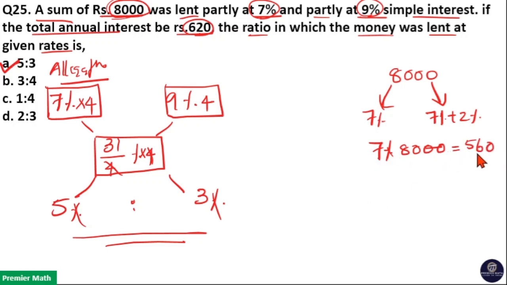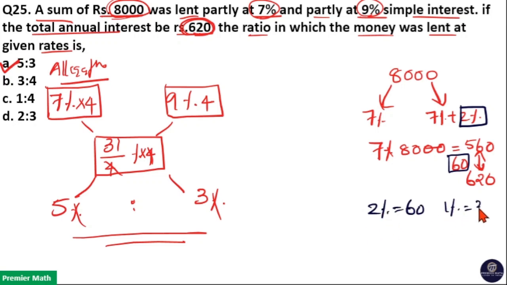So 7% of interest is equal to 560. But here annual interest is 620. So, the difference between 620 and 560 is 60. This 60 is received from this 2%. This 2% is the extra 60 rupees. So, if 2% is 60, 1% is 30.